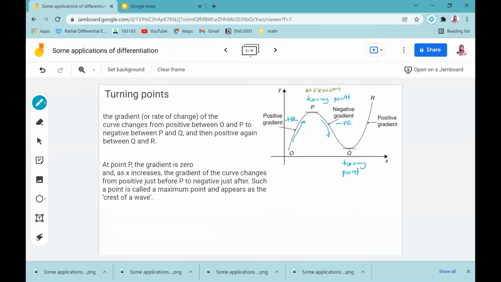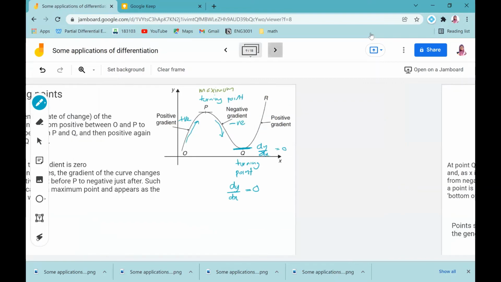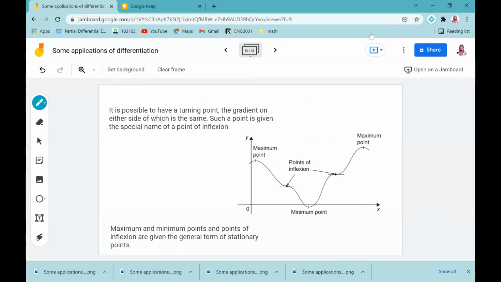It is 0 here, so this is the turning point.